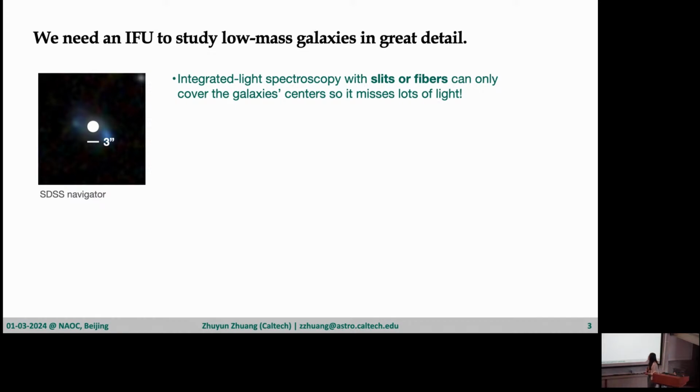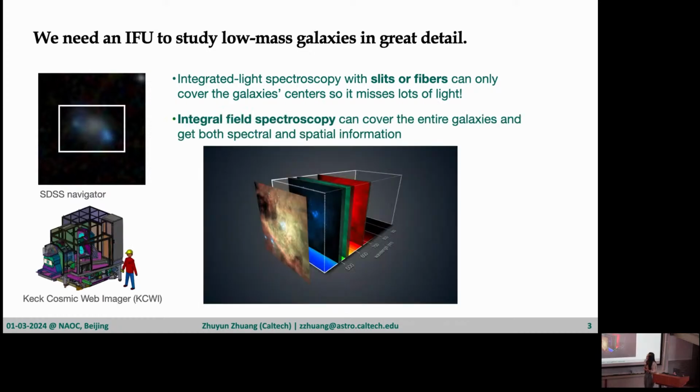Ideally, we want to collect as many photons as possible. That's why we decided to observe these galaxies with the Keck Cosmic Web Imager, KCWI, because we can not only cover the entire galaxies, but also get both spectral and spatial information at the same time. It's kind of like a bonus.